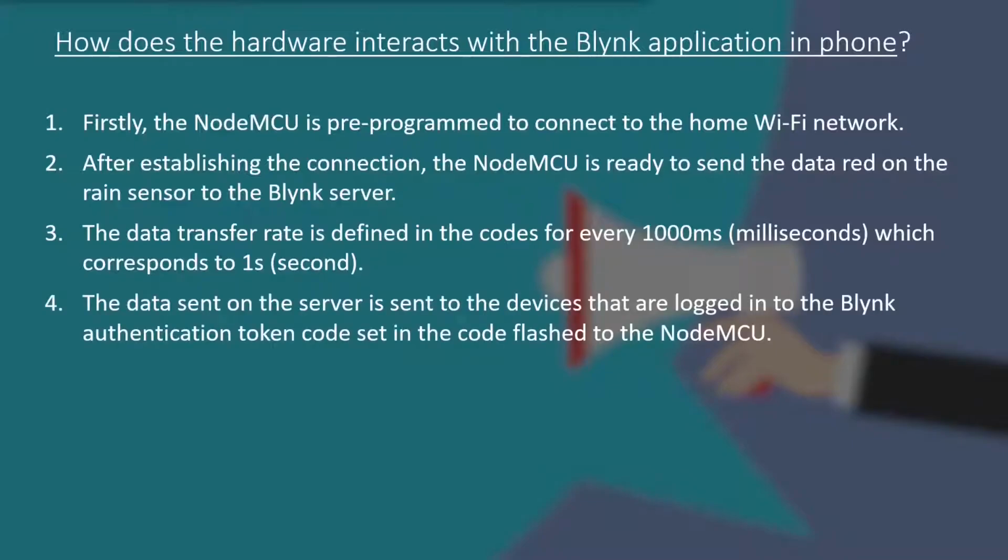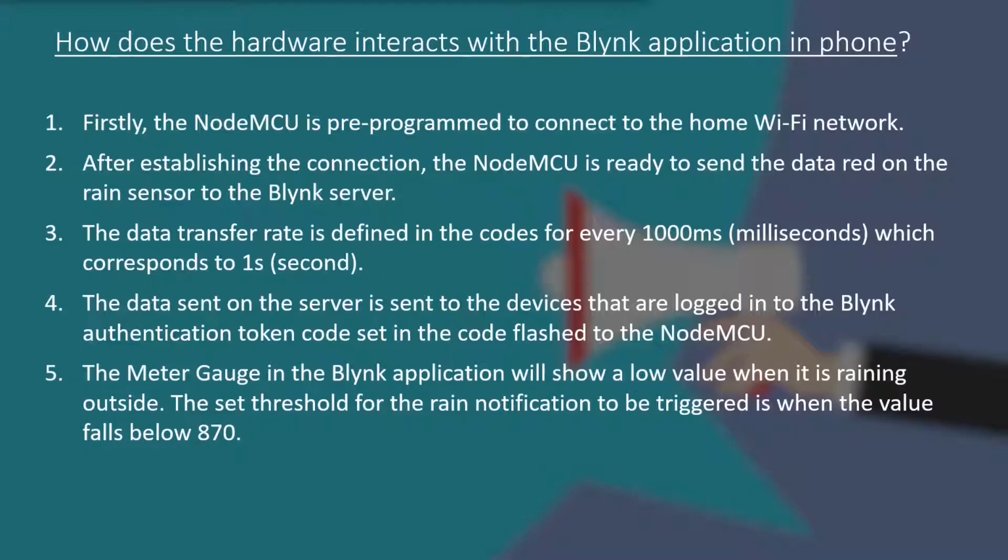Every 1 second, it will send the data to the Blink server. The data sent to the server is sent to the devices that are logged in with the Blink authentication code set in the code flashed to the Node MCU, which we predefine inside the codes. So only the users with the authentication code will be able to monitor the rainfall.